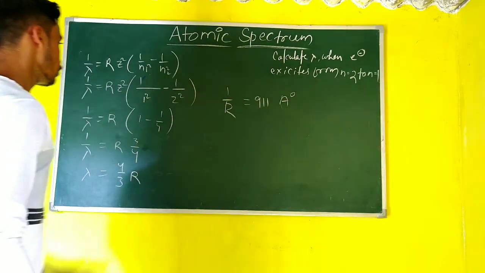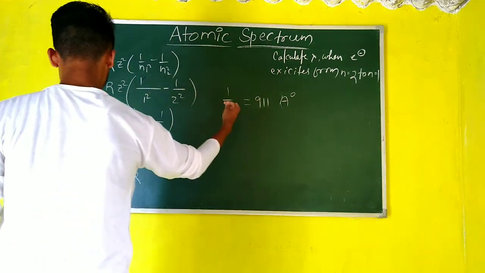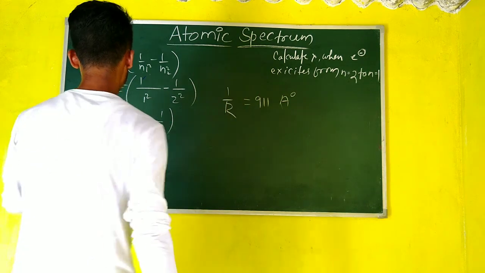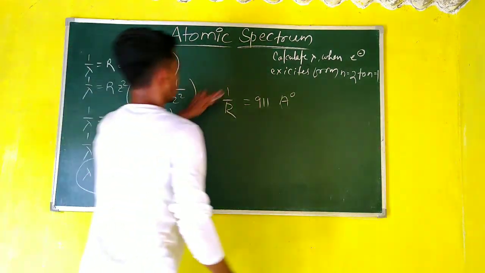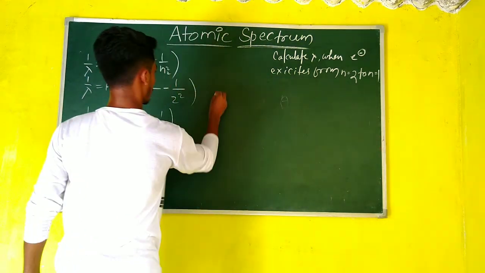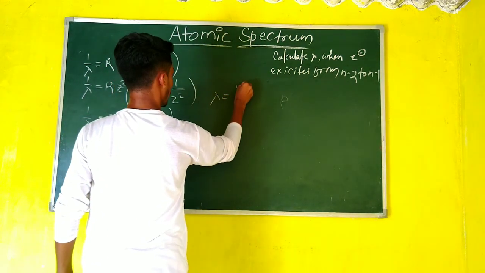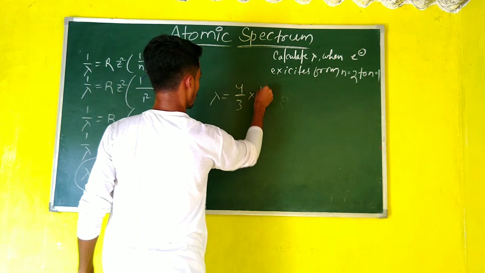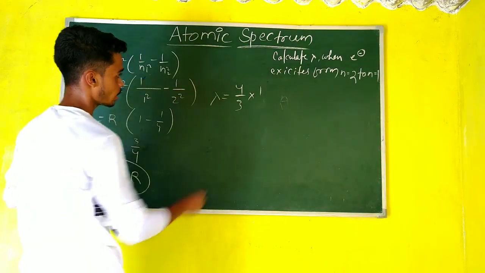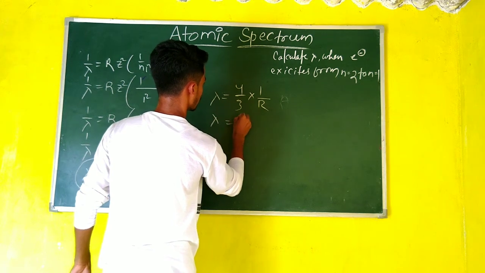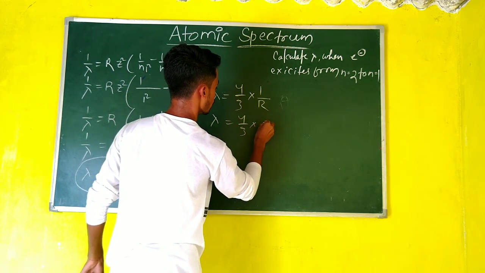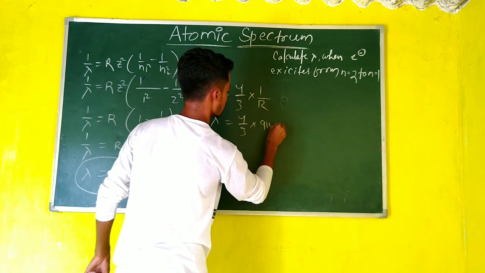Okay, put the 1 by R value, 911 angstrom, in this statement. Then students, lambda equal to 4 by 3 into, in place of R we can write 1 by R. Then lambda equal to 4 by 3 into 911 angstrom.